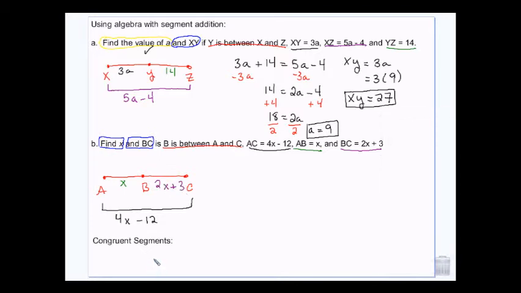Are there any questions at all on the labeling, or is that part okay? Again, having the picture, it's easier to see that x plus 2x plus 3 is going to equal 4x minus 12. This plus this will equal that.